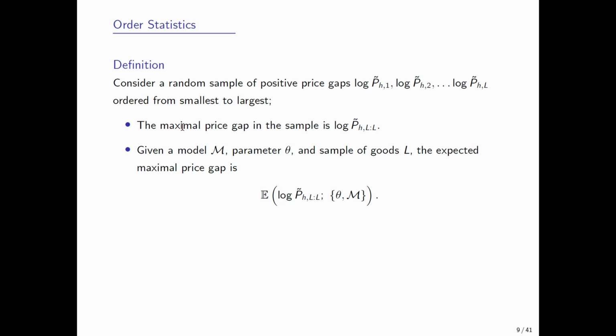Then I'm going to define the maximal price gap to just be the max of those order statistics for a given sample of goods. So if I've drawn 10 goods, I'm going to look at the max among those 10. If I draw 60, it's going to be the max across those 60. And I'm finally going to define the expectation of that object. Whatever that expectation is, you recognize that it is going to depend on the number of objects that I draw, because it's an order statistic, it's a max.